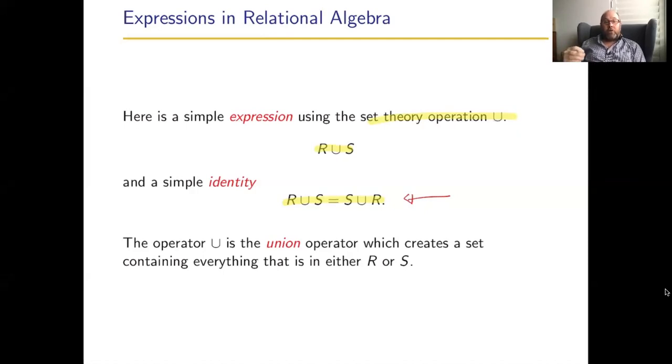Now that's sort of a trivial example, but the point of it is that when you issue a query to SQL, the system examines it and sees whether it can rewrite it into an equivalent legal expression that's better to calculate. So it uses in the background these rules of relational algebra to redo your query, to turn something that might be inefficient into something that might be more efficient.